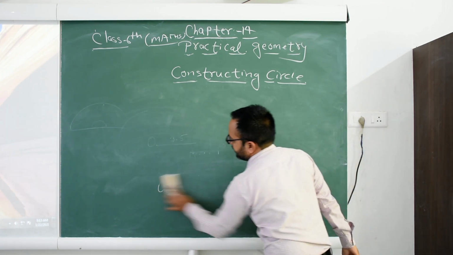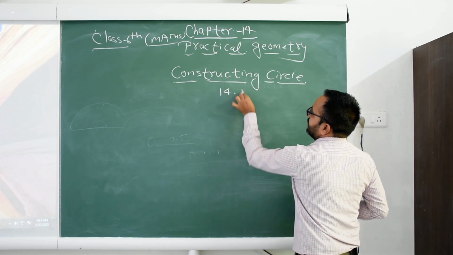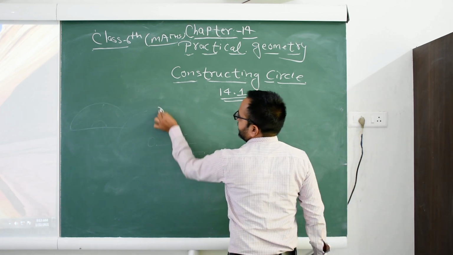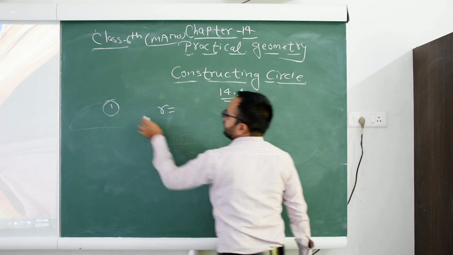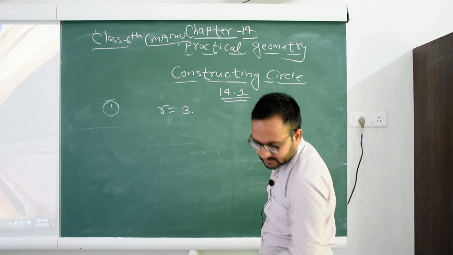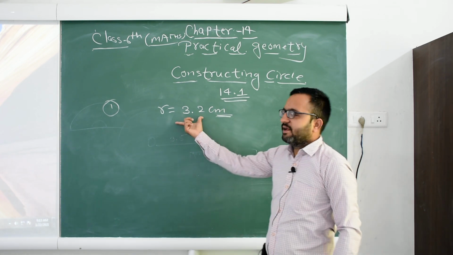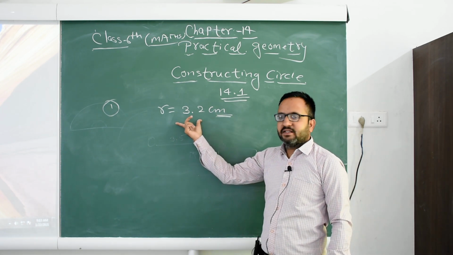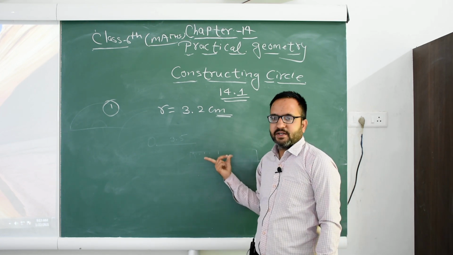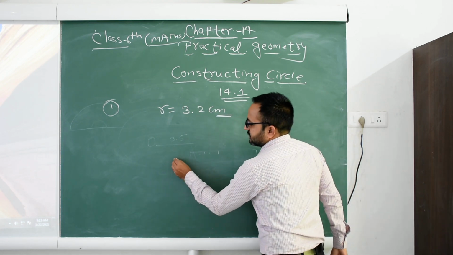Exercise 14.1. Question number 1. The radius is already given, 3.2 centimeter. If the radius is already given, measure 3.2 on your scale and move the compass.